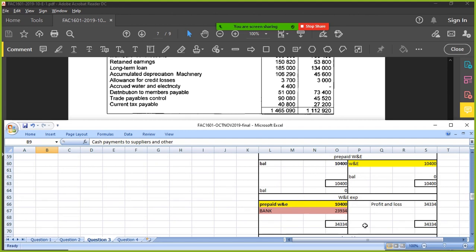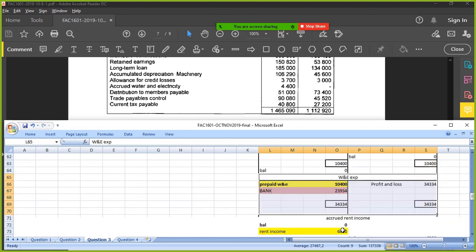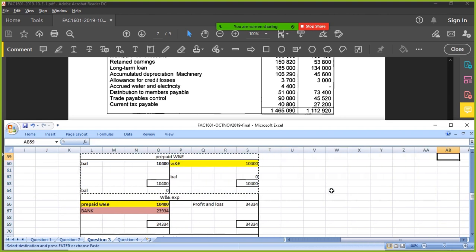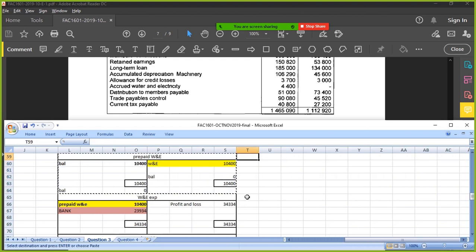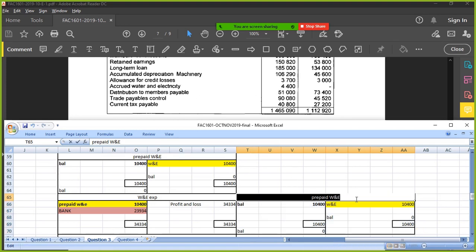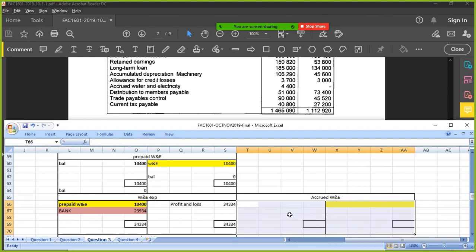So we actually need to update this working here. You actually had a liability accrued at the end of the year. So you had prepaid at the beginning and accrued water, electricity at the end. Does that make sense? Yes.